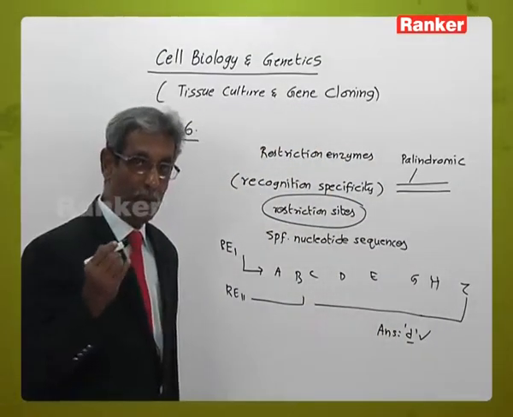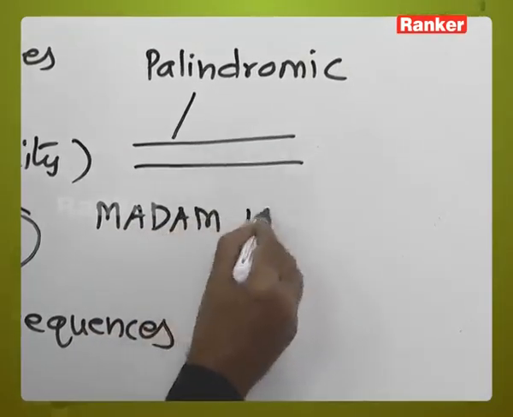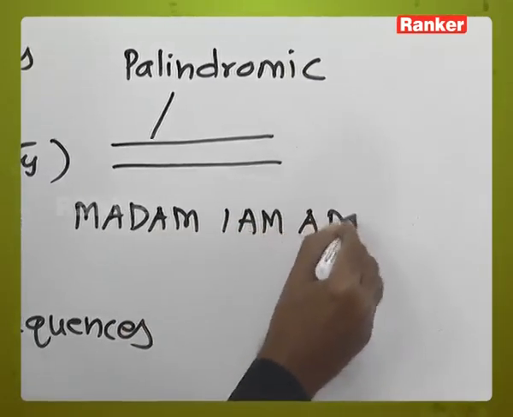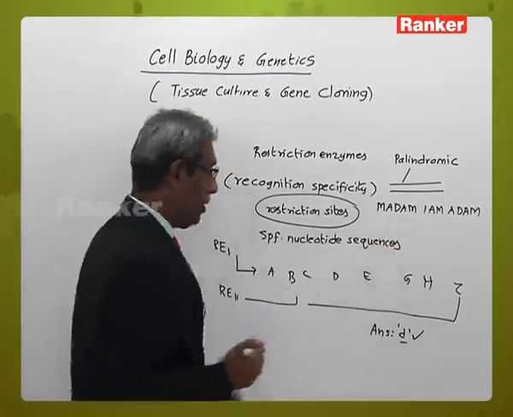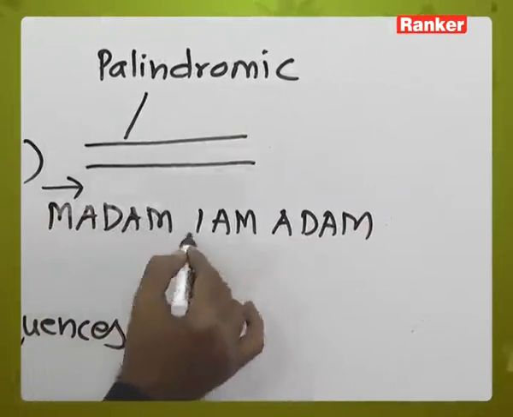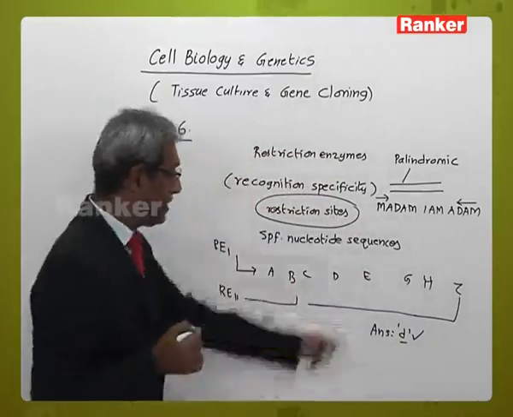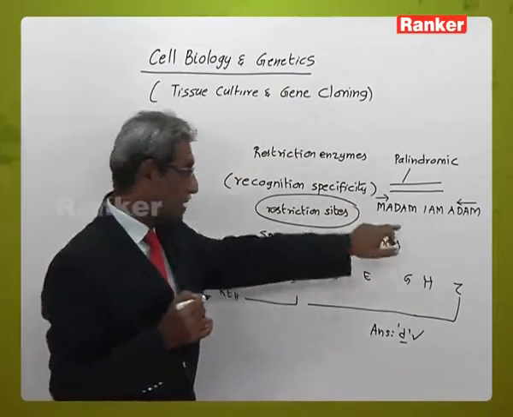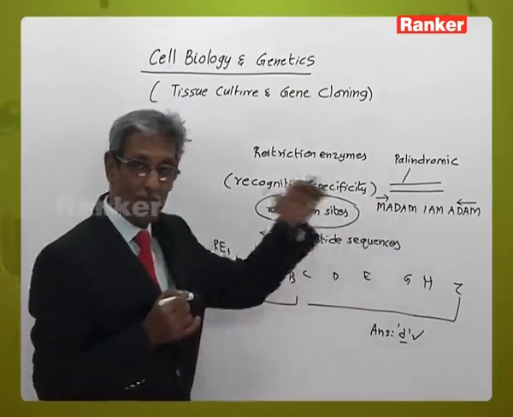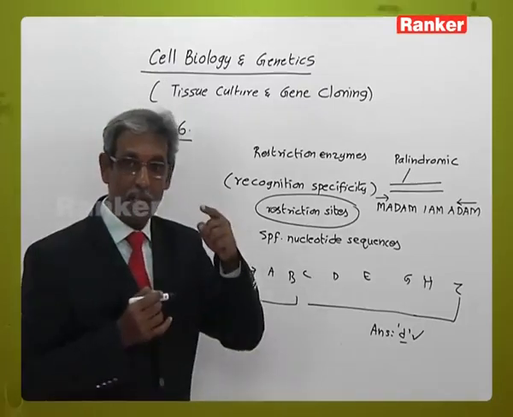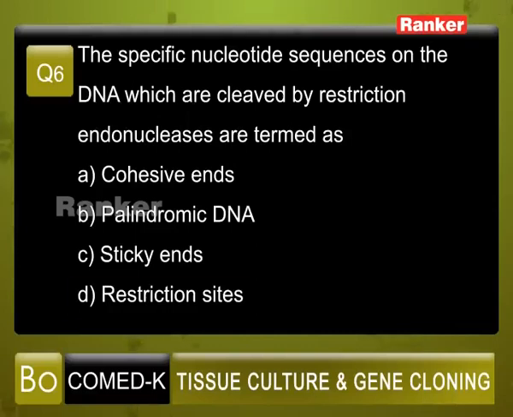When you say palindromic sequences, it means if you read the phrase Madam, I am Adam. Here when you read it from here, it is Madam, I am Adam, whereas when you read it from here again, it is Madam, I am Adam. So, these are termed as palindromic sequences. Similar palindromic sequences are present on the DNA. So, these are the sequences where the cutting occurs, but the question asks which is the place? The place is a restriction site, hence the answer is D.